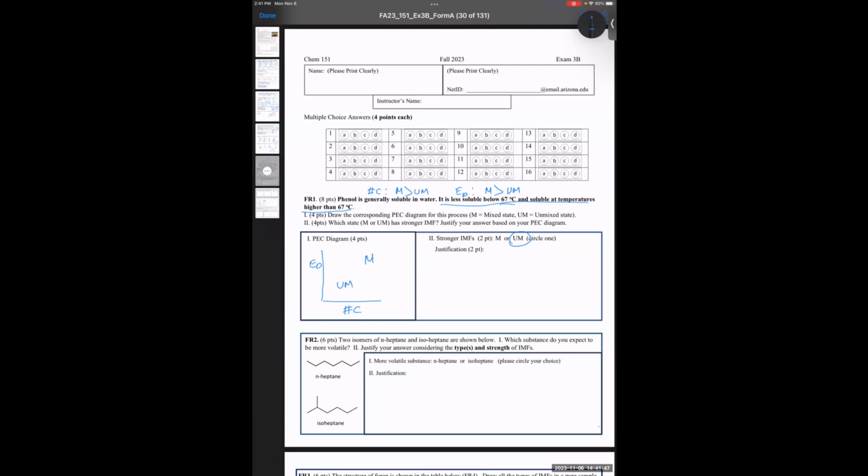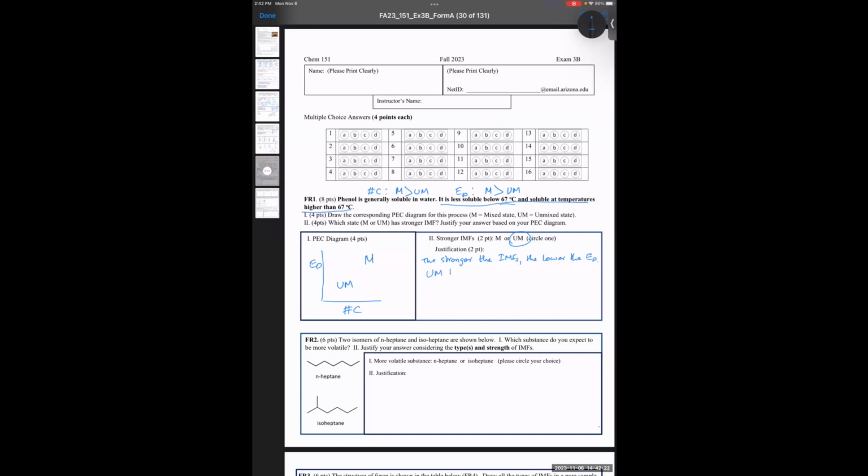Let's try the justification like this: the stronger the IMFs, intermolecular forces, the lower the potential energy. That's the main thing. And we see that the unmixed state has a lower potential energy.